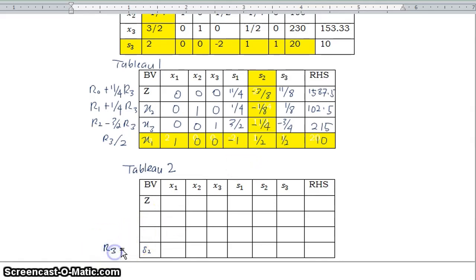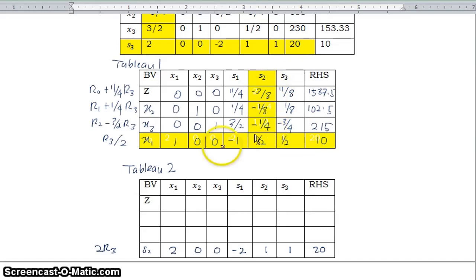So row 3 times 2. So we get 2, 0, 0, negative 2, 1, 1 and 20. And then we need to change the coefficient of S2 in other rows become 0.